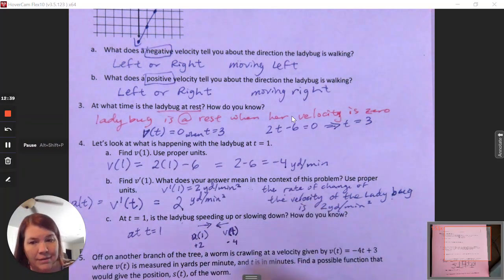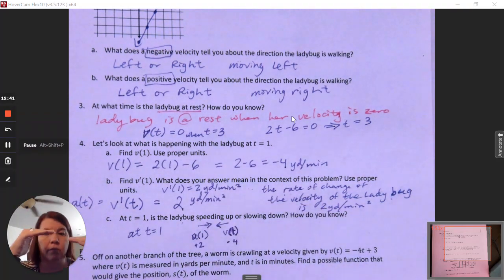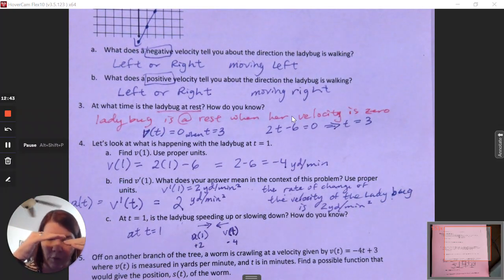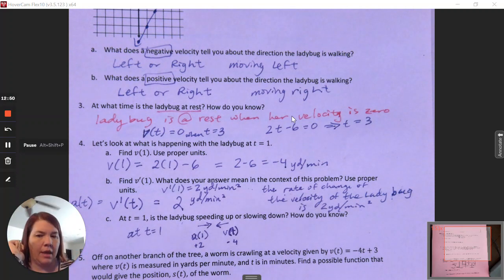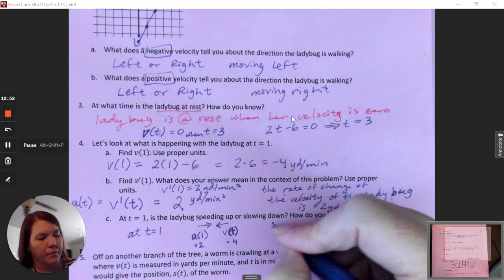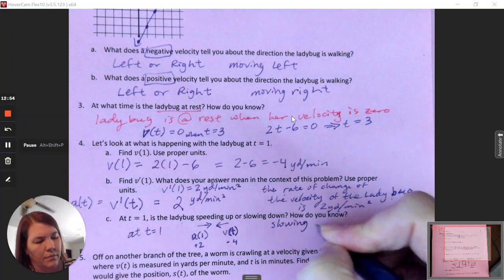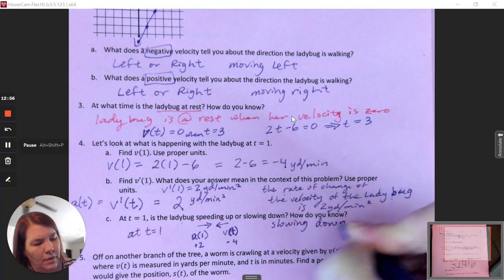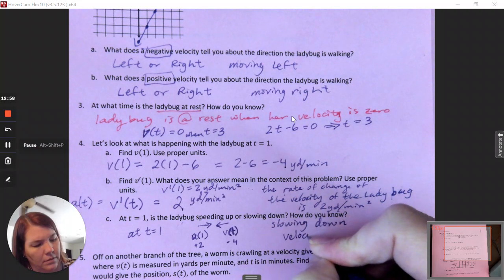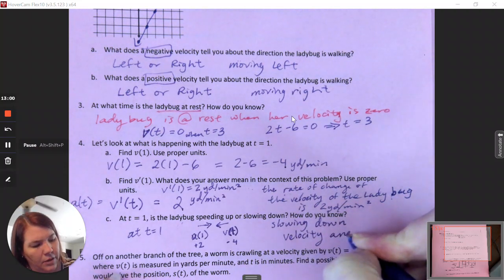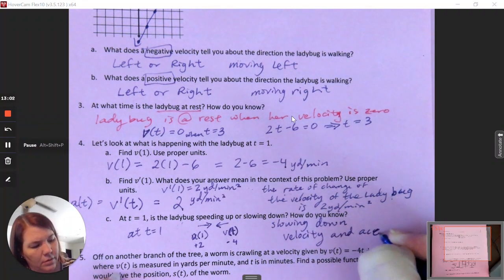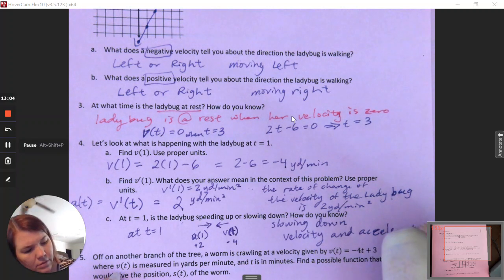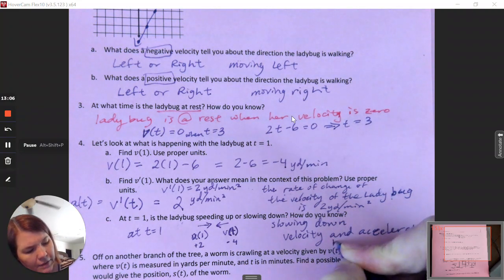And so they're pushing against each other. Like if you think about wind slowing, since they're pushing on each other, it's slowing down. Velocity and acceleration have different signs.